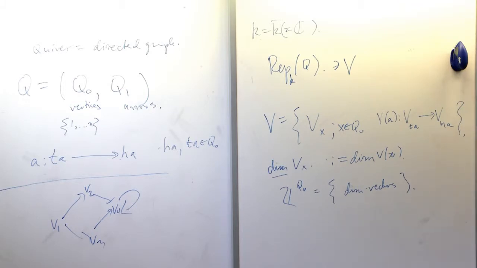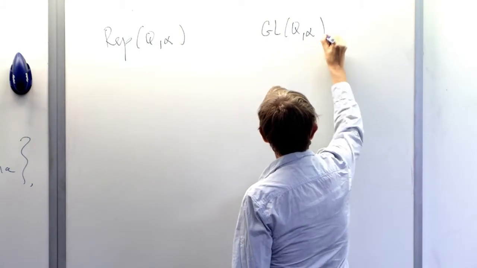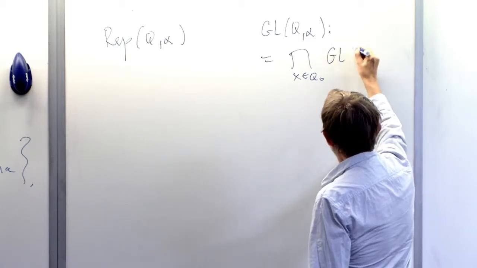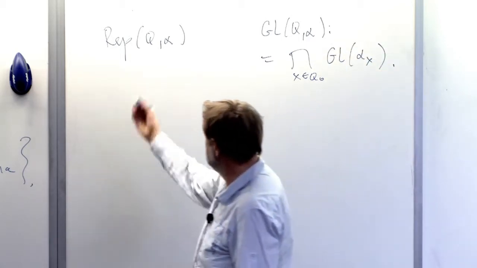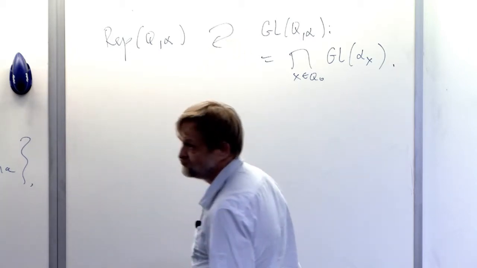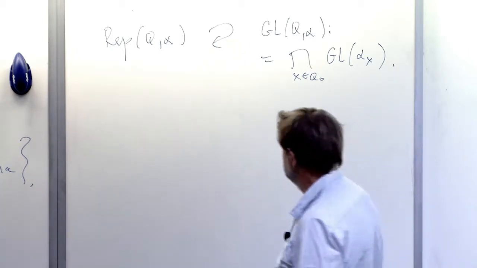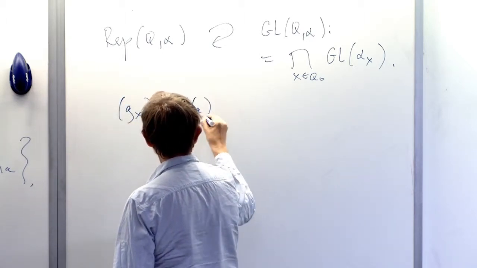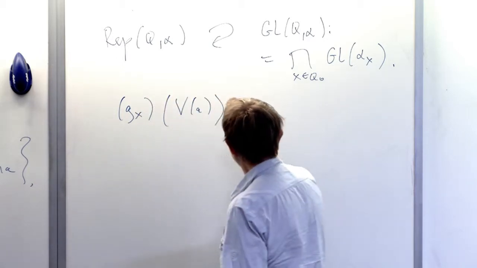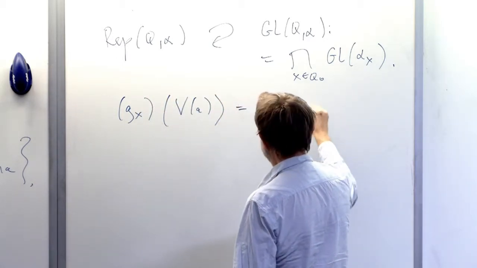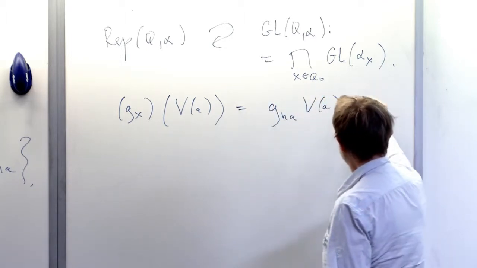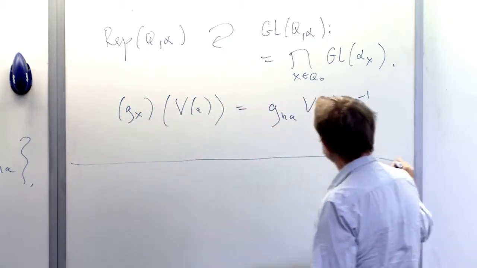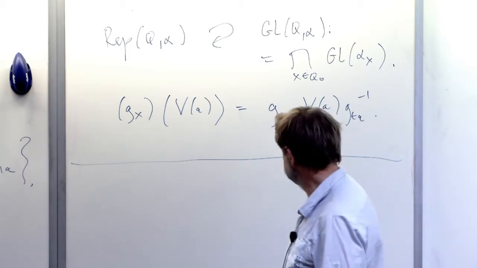So there's this group GL Q alpha, which is the product over X in Q0 of GL alpha X, and it acts on every matrix by row and column operations. So g acts on V sub A by g of head of A, V of A, g of tail of A inverse, right? So we get this family of representations of those reductive groups.